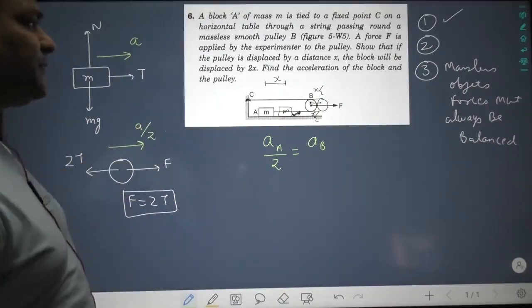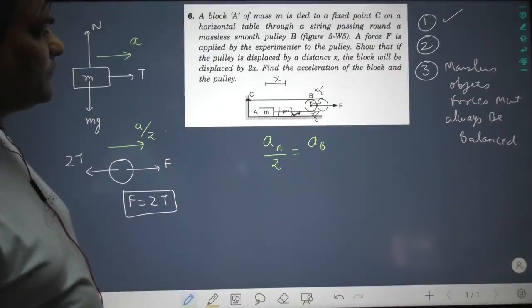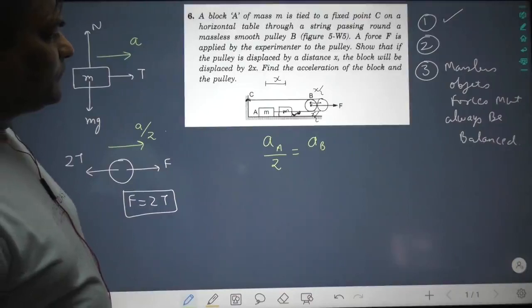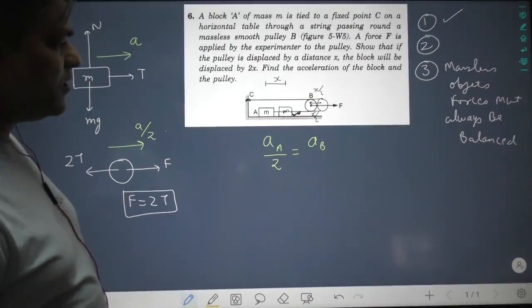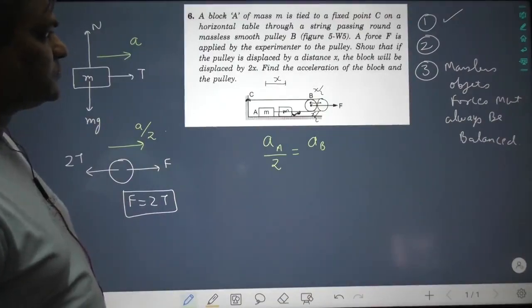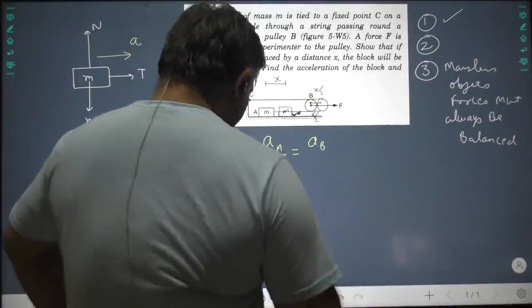Do we prove that the displacement is 2x, sir? They asked in the question to show that the distance is x. Yeah, that's what I am proving.